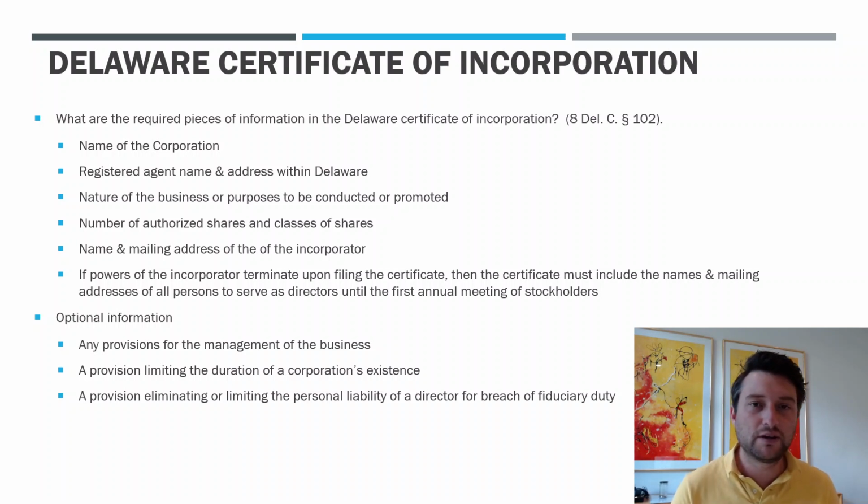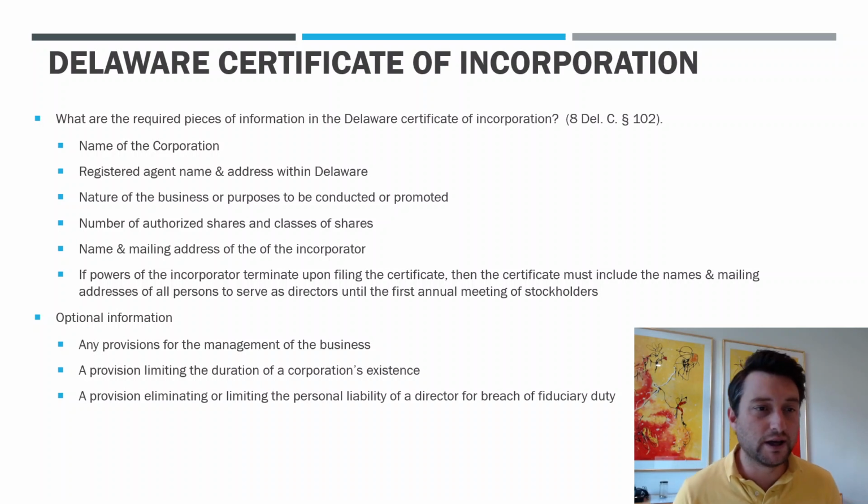When you file a certificate of incorporation, Delaware statute requires that certain elements be in there, and then there are other optional elements that you can include if you want to, but you don't necessarily have to. Depending on who the lawyer is that's setting these things up for you, or if you're doing it yourself, there are a lot of differing opinions about what elements should be included and what should be left out.